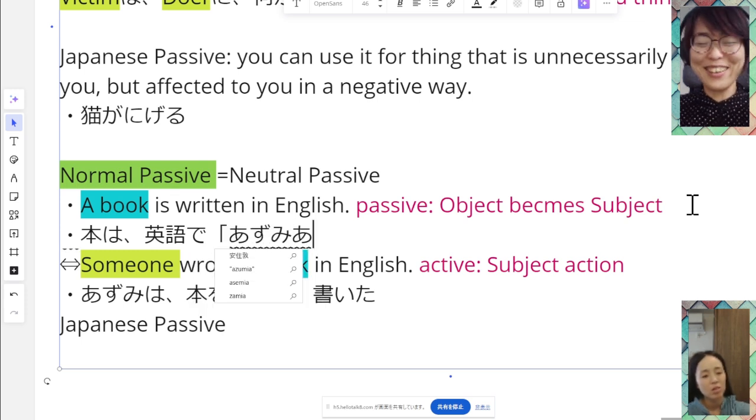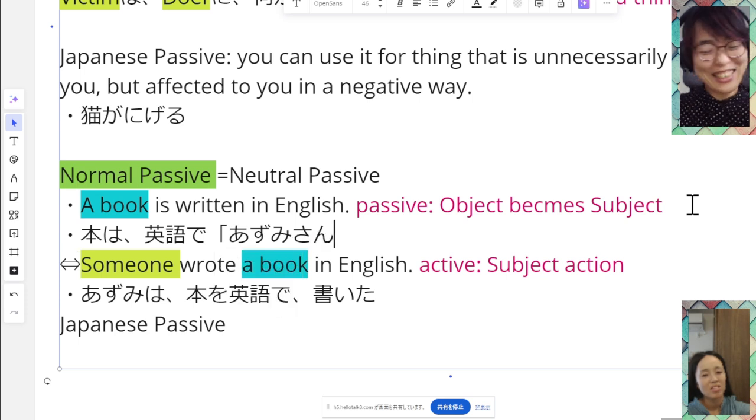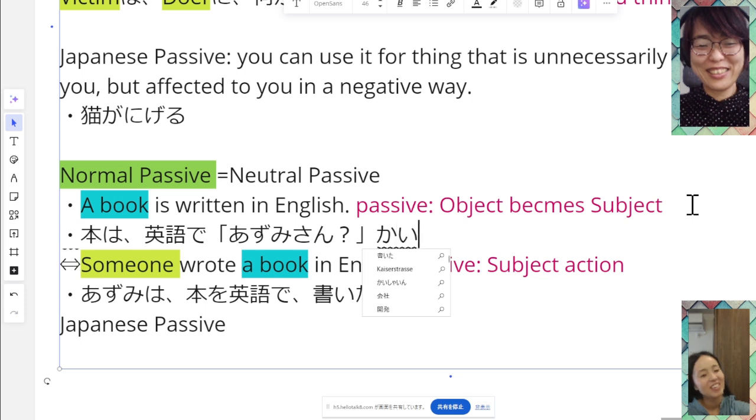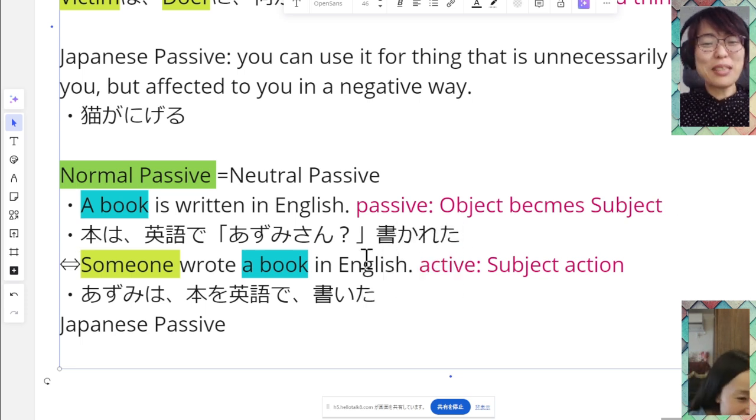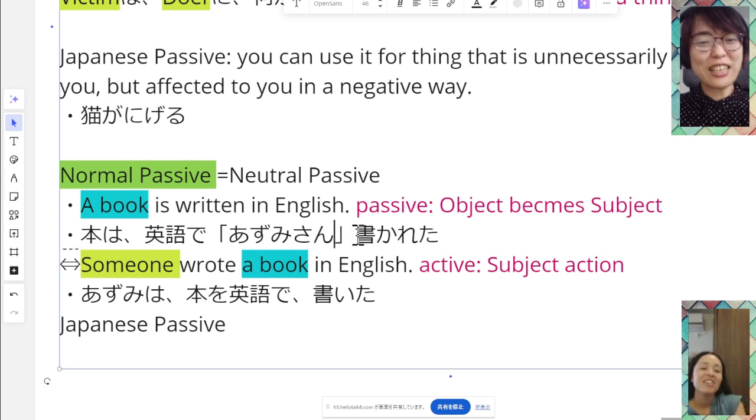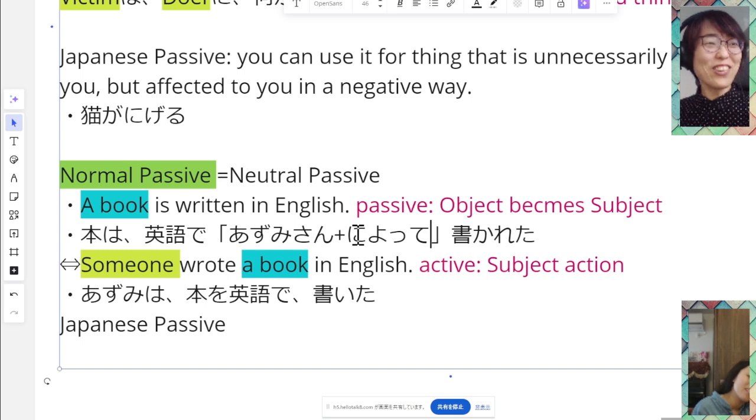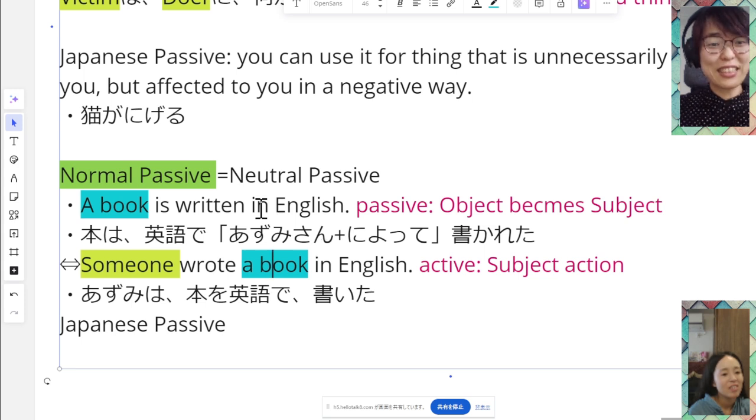Hold on. You will not say that. You usually use this: 本は英語であずみさんによって書かれた。So, right?